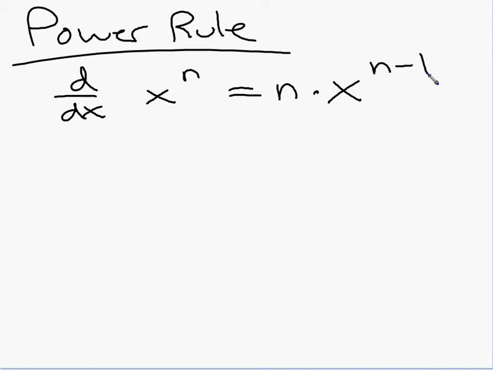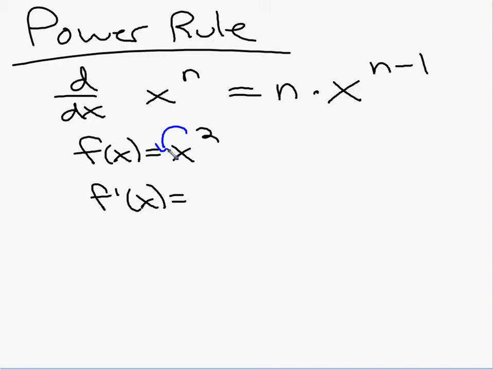You just bring the power around and multiply it by what is in front of it. So we learned that if my function is x squared, then its derivative, I bring this power around, 2 times x, and what is 2 minus 1? 1. So the derivative is 2x.